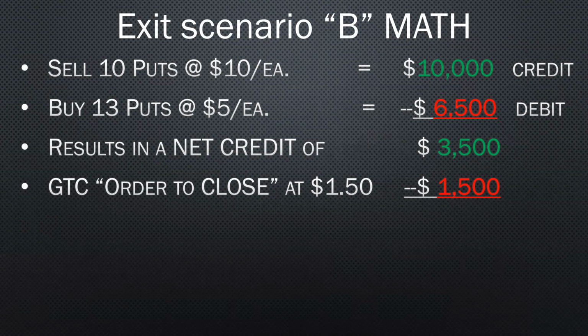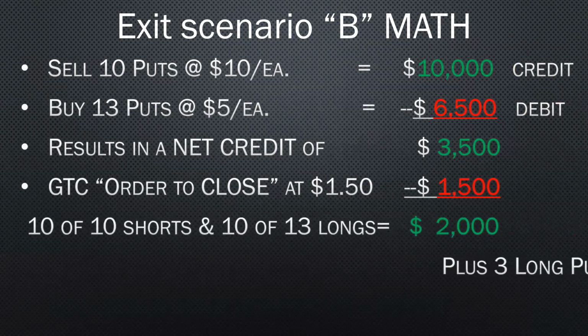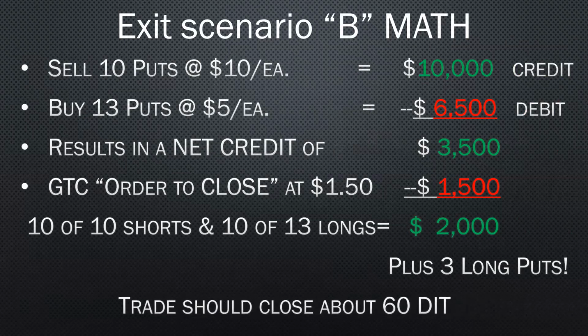All right, so bring in $5. We're going to spend $1.50. So that'll cost us $1,500, for 10 of the shorts and 10 of the 13 longs. So we're going to end up with $2,000. But remember, we have 13 longs.